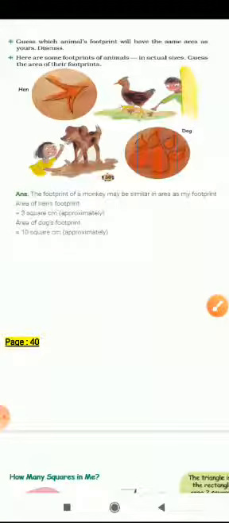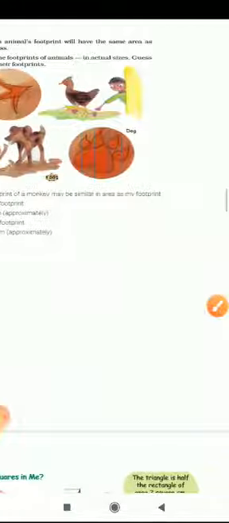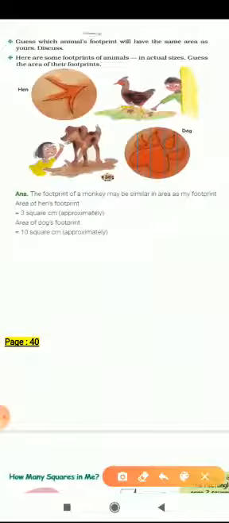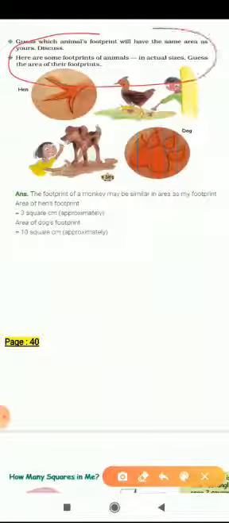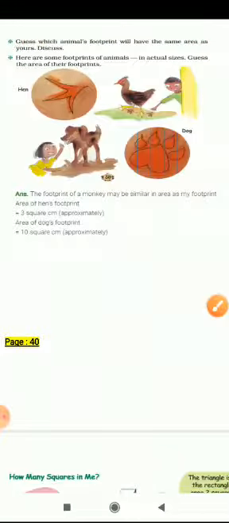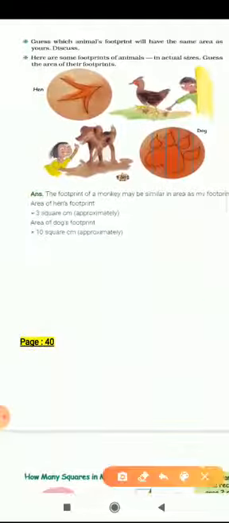Now second is, here are some footprints of animals in actual sizes that are given. Okay, guess the area of their footprints. In these two pictures, one is a hand footprint and the other is for a dog. Now you have to find the area for it.